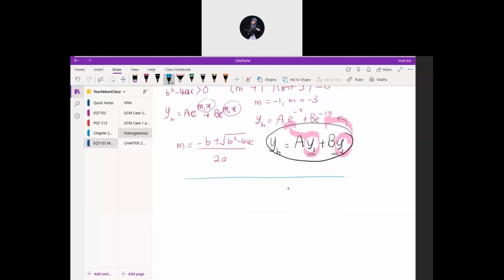Okay, let's say you calculate and then you come up with the solution a e^(2x) plus b x e^(2x). So tell me what is your y1? y1 is e^(2x). Your y2? y2, you must take x e^(2x).